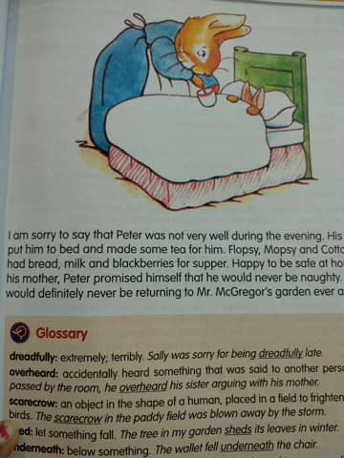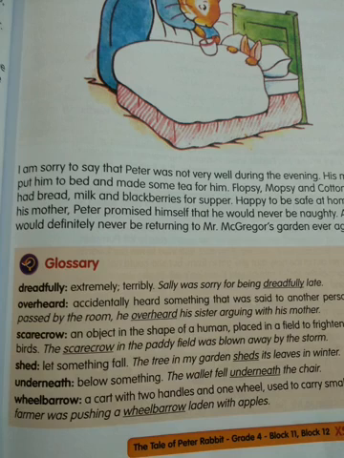Happy to be safe at home with his mother, Peter promised himself that he would never be naughty and he would definitely never be returning to Mr. McGregor's garden ever again. Wow, this story has a good message and so many good scenes to visualize, to think.